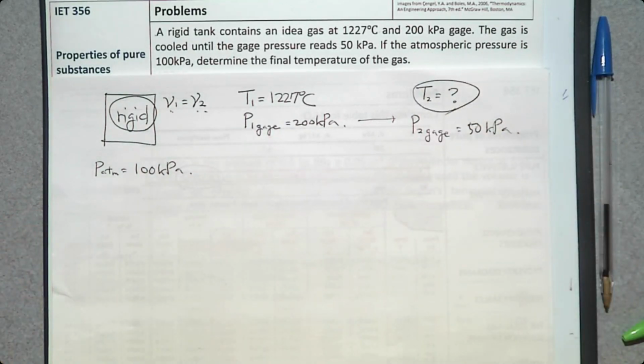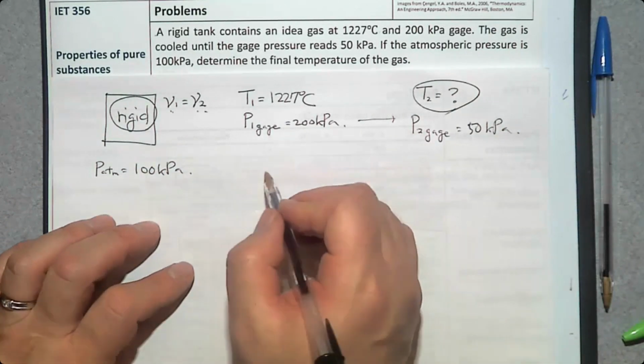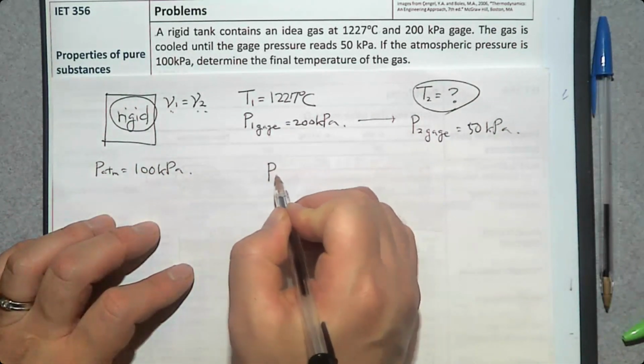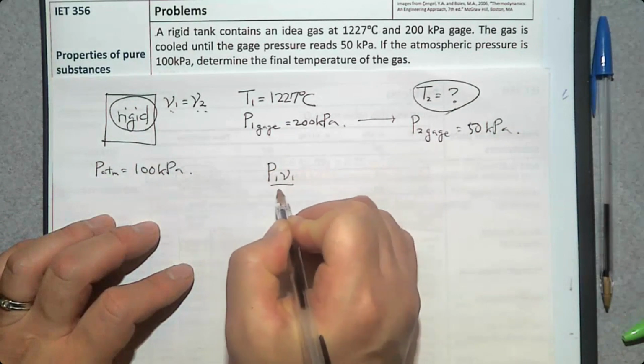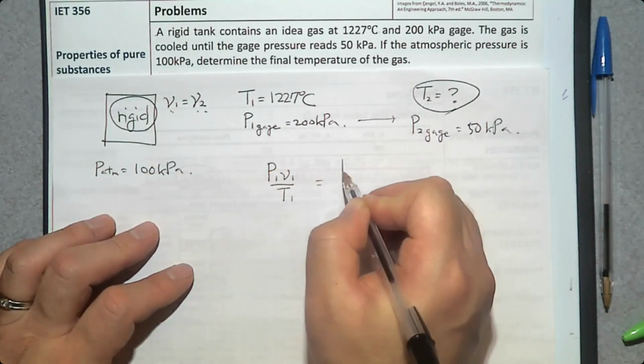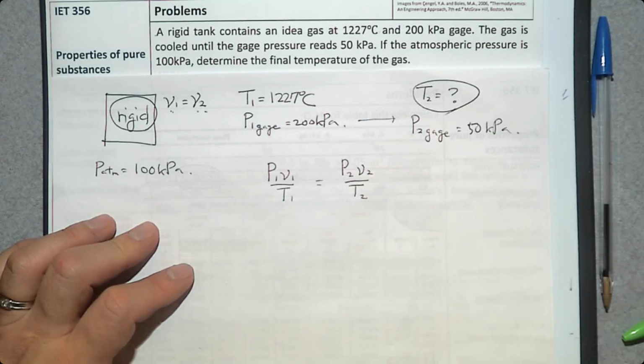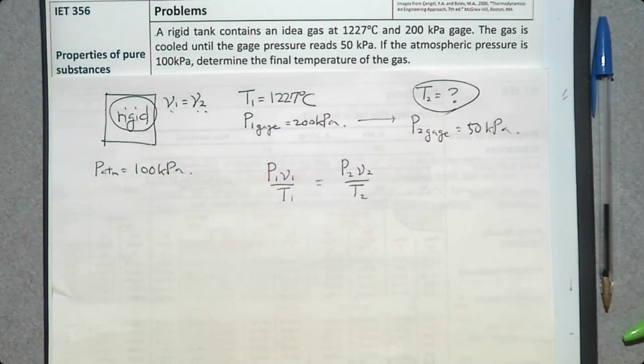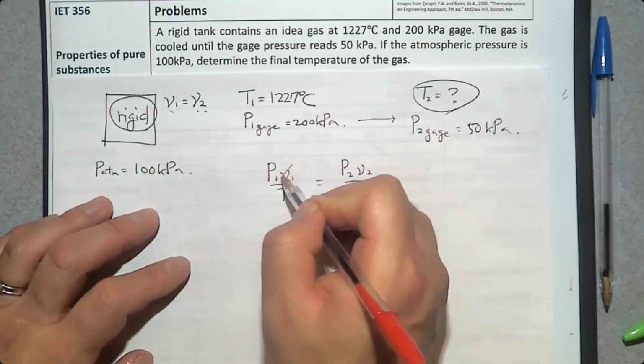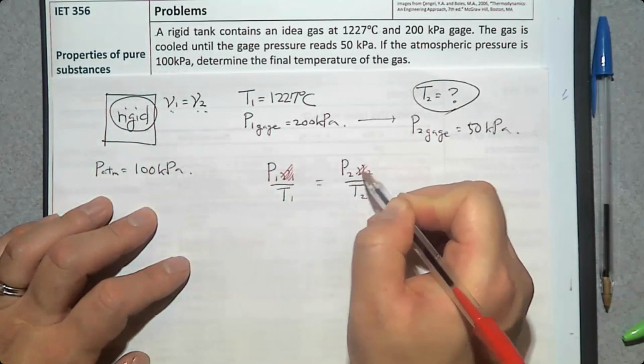Sounds like we can use the ideal gas equation of state. So let's do that. P1 V1 over T1 is P2 V2 over T2. Since the gas is in this rigid container, you can assume that the volume is constant. V1 is the same as V2.